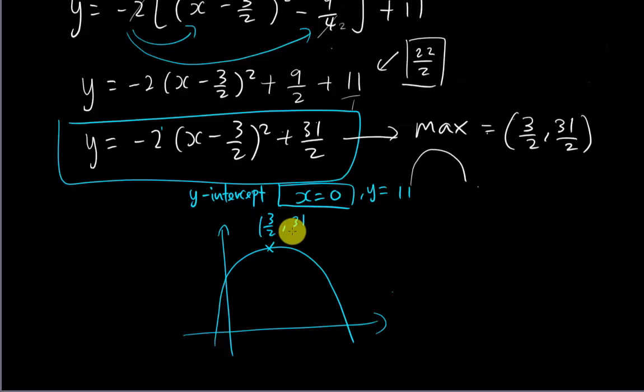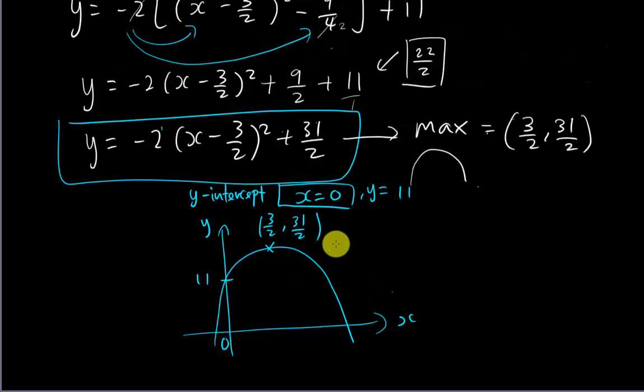This is 31/2, and my y-intercept will be 11. This is x, this is y, this is 0. You just make sure it cuts the y-axis at the right value, and you always need to make sure that your y over here is 15.5. Okay, 15.5, then yeah, it makes sense. 15.5 is higher than 11.